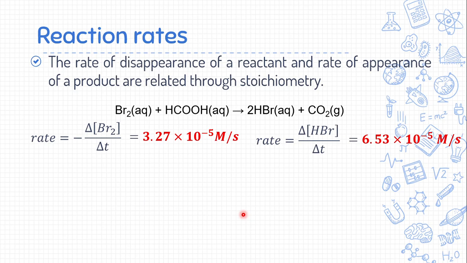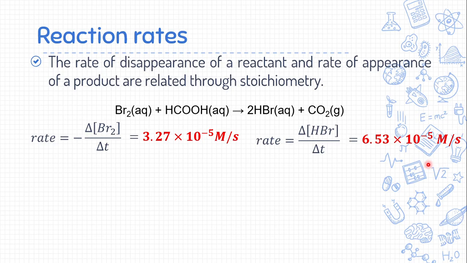So actually, the rate of disappearance of a reactant and the rate of appearance of a product can be different from each other, or they can have different values. And they can have different values, just as in our example, because of stoichiometry. So recall that this is our balanced equation, and these are our calculated values.